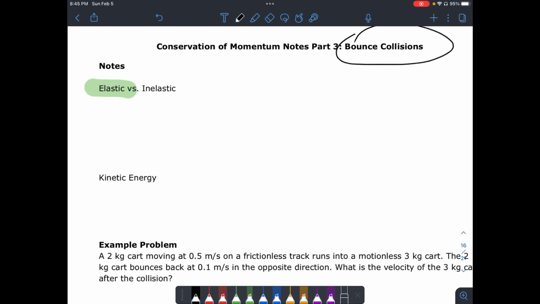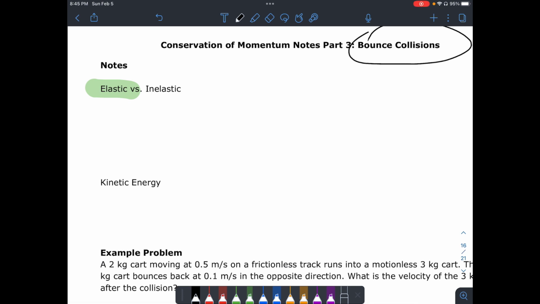In this type of collision, our objects bounce off of each other and do not stick.